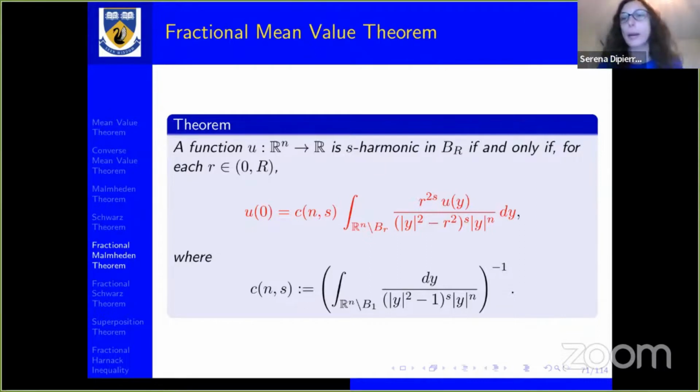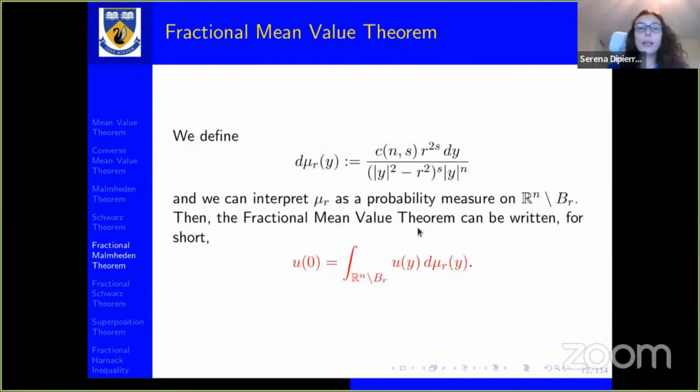So you have to define the function everywhere outside B1, and for this reason here we have Rn minus Br and not just the boundary of Br. Then we don't have just the function u, but we have to weight it with some kernel, which is reasonable, because we have to imagine that the interaction between points decays as the points move far away. So there is some kind of decaying kernel here.